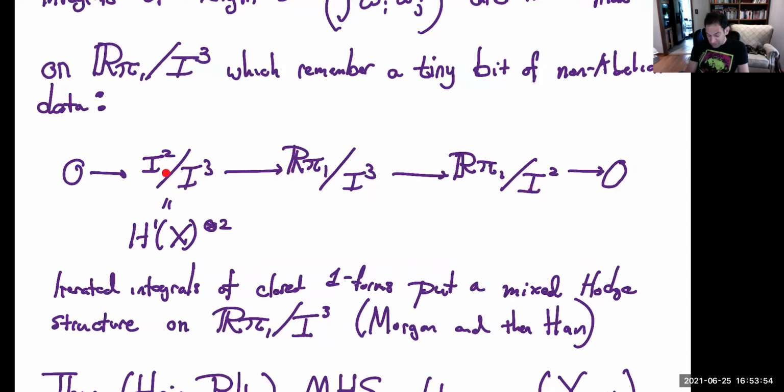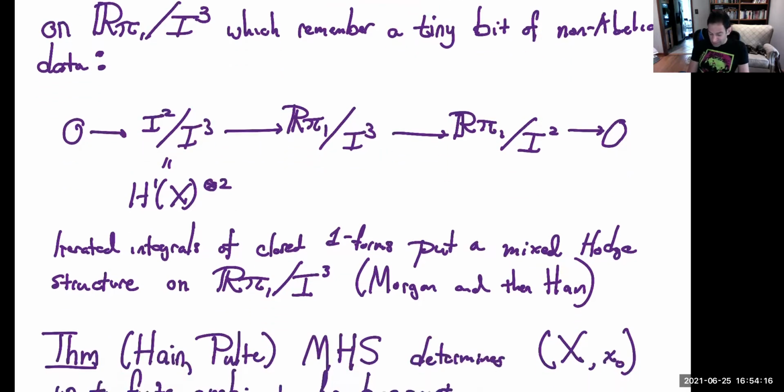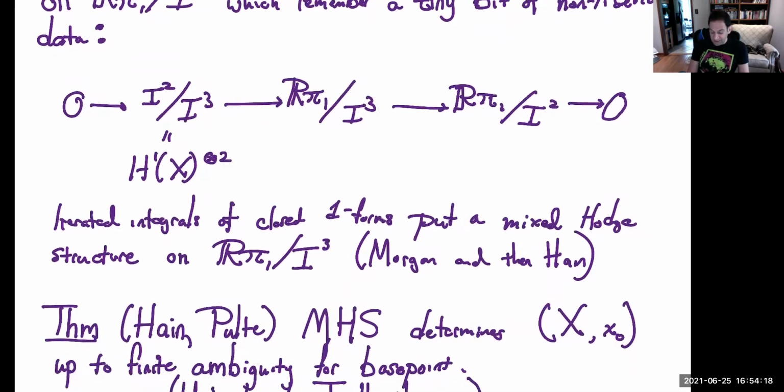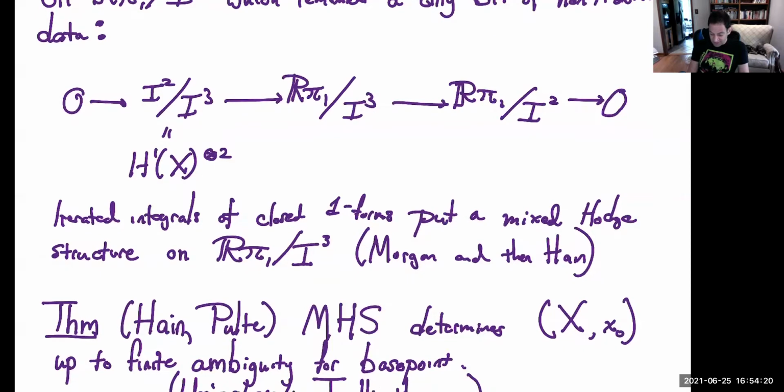The kernel is I squared mod I cubed, which is isomorphic to first real cohomology tensor squared. So that's homology data, but there's a little bit of homotopy data hidden in the extension data in this exact sequence. And I guess this is related to a lot of Carlson's ideas of extensions of mixed Hodge structure.